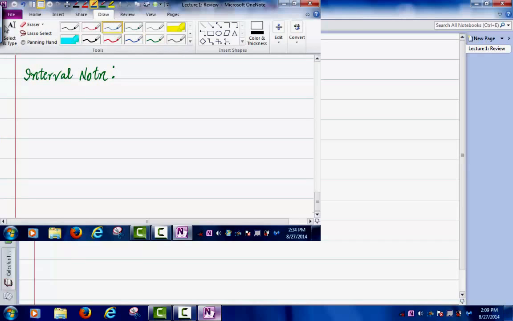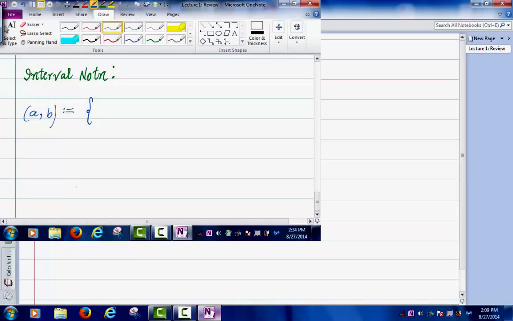Okay, so let me start with the open interval a to b. What does this represent? Well, it's a set of real numbers. And what set of real numbers? Anyone remember what set of real numbers is represented by this interval?